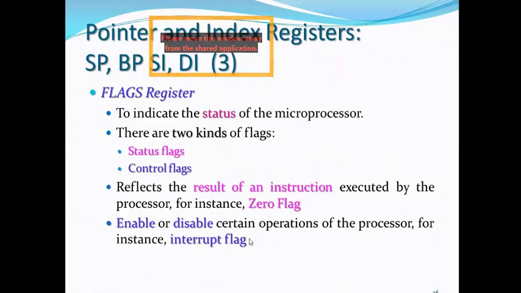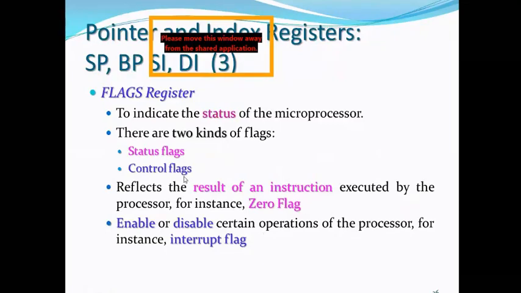For instance, the interrupt flag. The control flag always enables and disables, active or inactive, either 0 or 1, for some very particular operations of the processor, not for every operation.